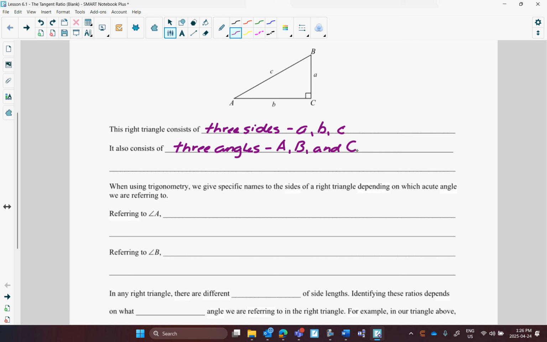However, you could also call this side capital B to capital C. Little b could also be called capital A to capital C. And little c could also be called capital A to capital B. But we just use the lowercase letters.